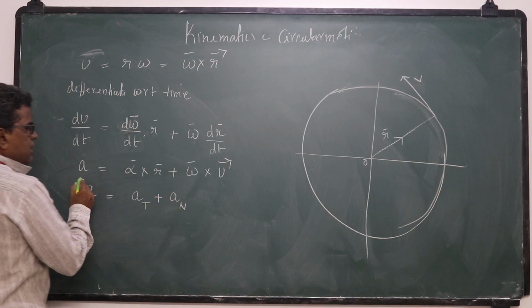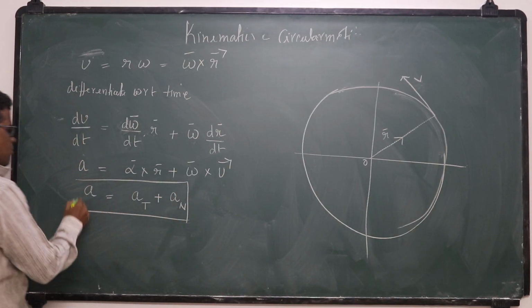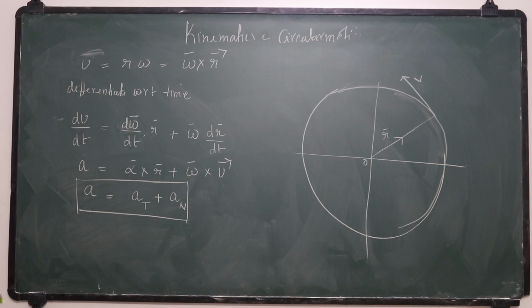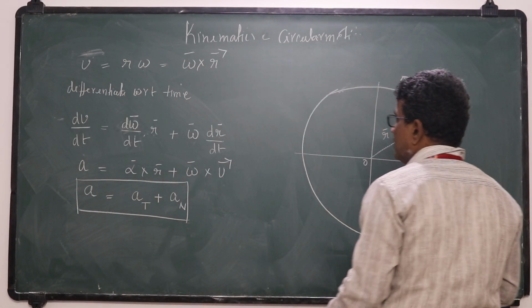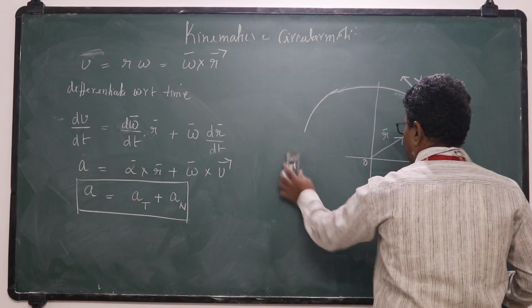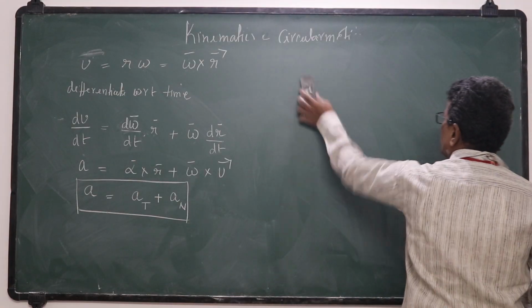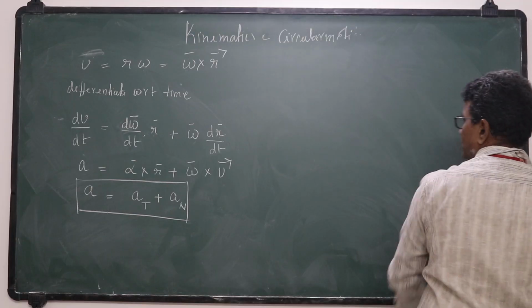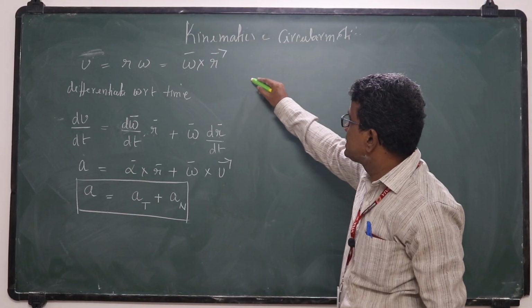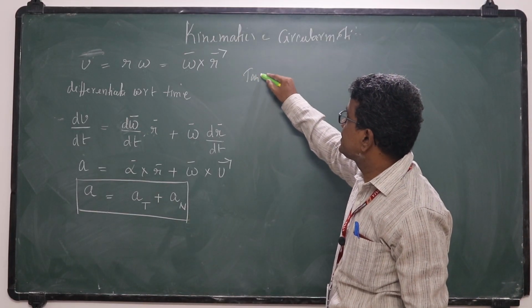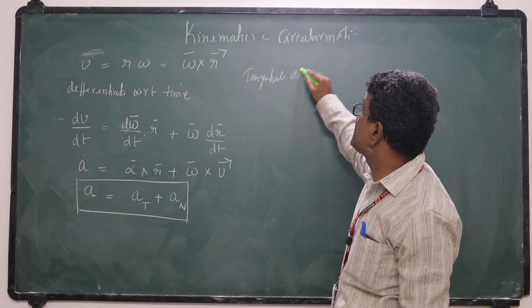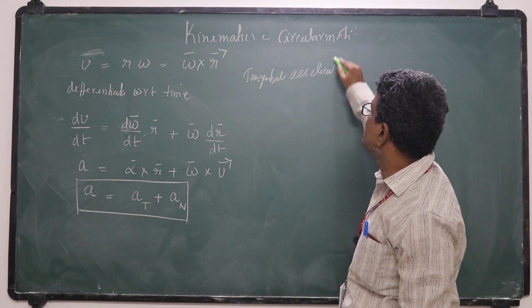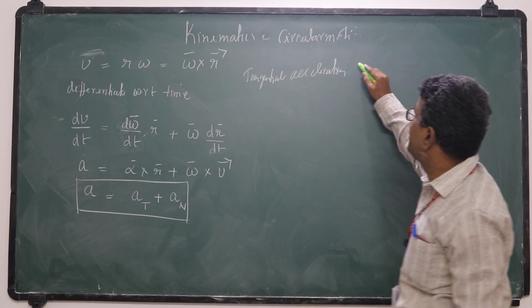So when a particle moves in a circular path, the acceleration has two components. The first component is tangential acceleration, at.